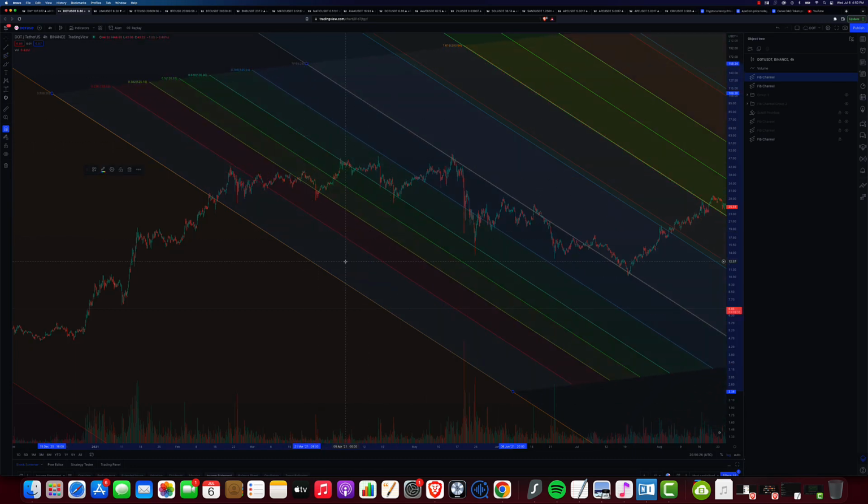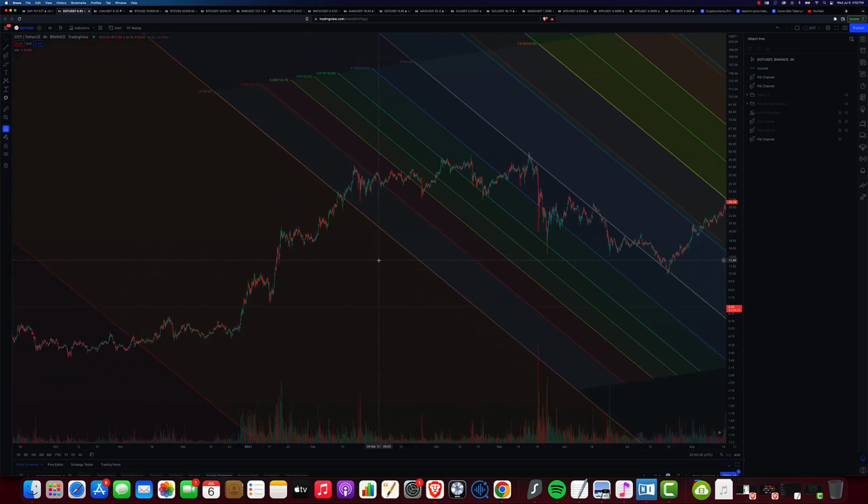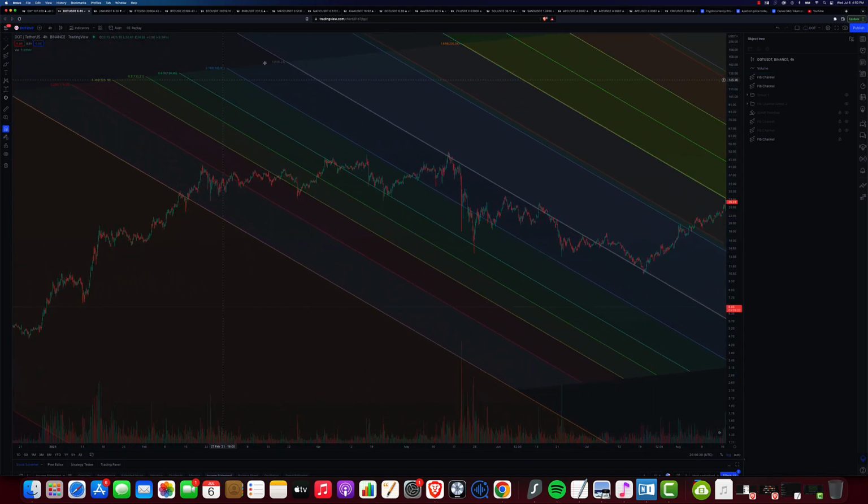All right, and as you can see, price is still respecting when you draw between these two lines. Let me try to get that a little closer. You can see price is respecting this fib channel line here, here, not really there, but here, big support, support again. So this validates that we've drawn a good fib channel and we can move forward with the next step.